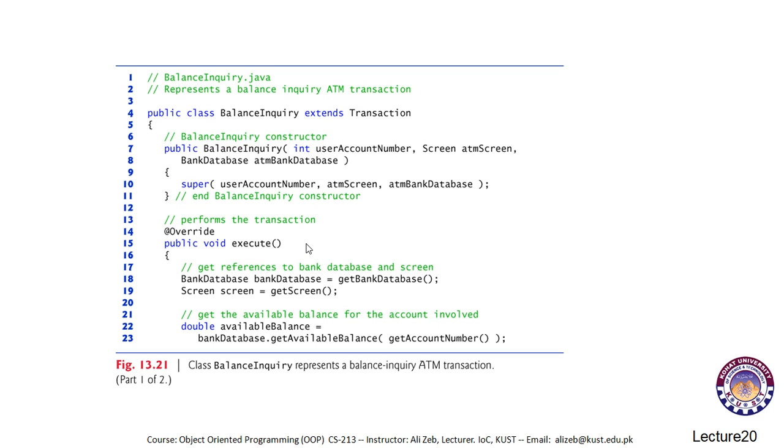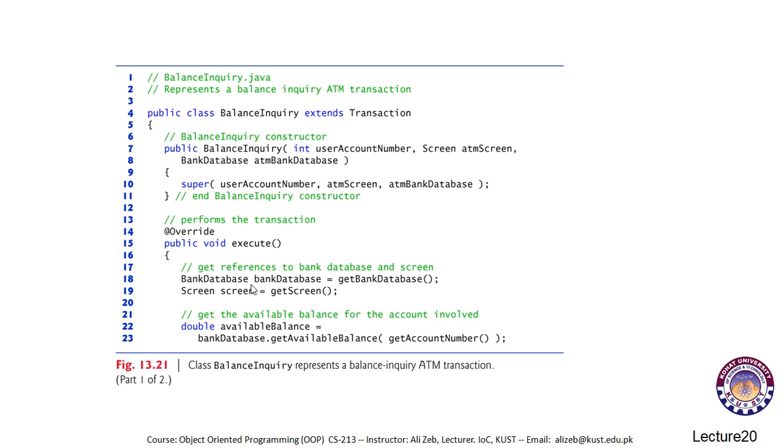It only needs to show the balance of the user, so it can do that by accessing the public details of the Transaction class. For example, it needs to access the account number, the ATM screen, and the bank database, and that is done through the execute method. It must implement the execute method.